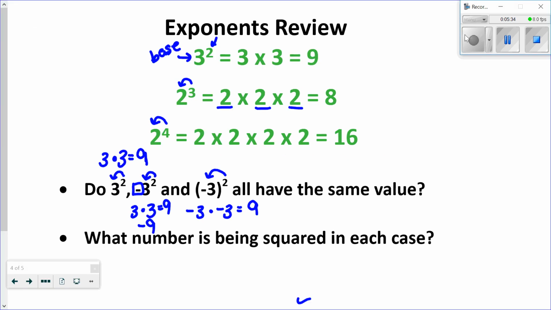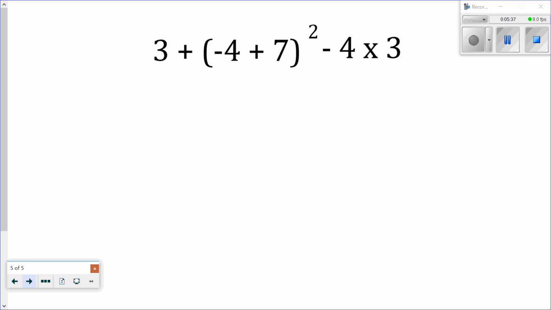Let's just look at one more example to finish up order of operations. So we see a lot of different operations here. We see exponents, we see parentheses. So again, on the side, I'm going to write out PEMDAS. Okay, and then I'm going to look and see what I have. So I have parentheses.